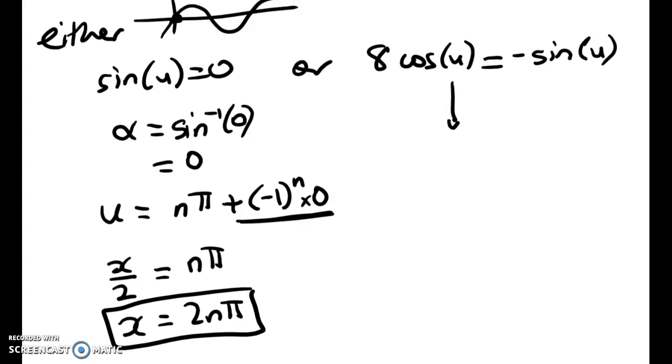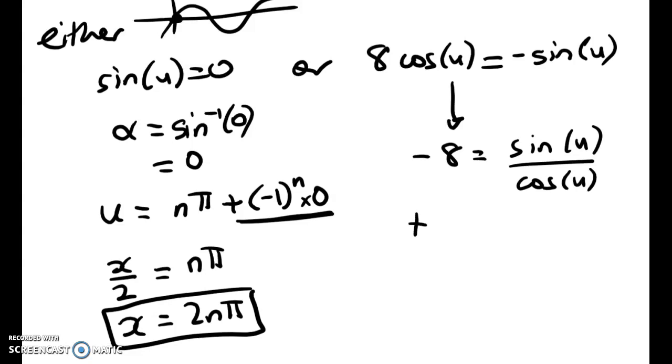Now what about here? Well, we can turn this into tan. So negative 8 is equal to sine u over cosine of u. Replacing it now back with x on 2, tan of x divided by 2 is equal to negative 8.